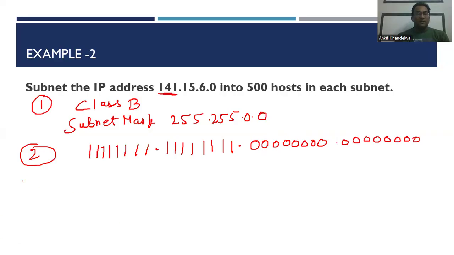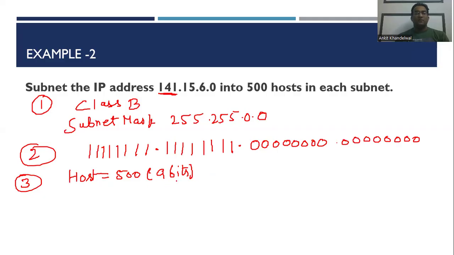After that, in step 3, we note down the number of hosts. The number of hosts required per network is 500. So the minimum number of bits we require is 9 bits, because 2 to the power 9 is equal to 512.